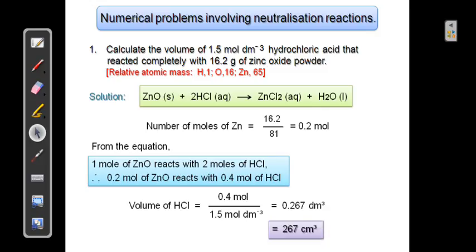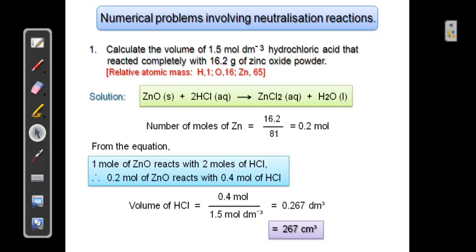So now they want you to calculate the volume of the hydrochloric acid in that 1.5 mole per cubic decimeter. So actually the volume of HCl required to neutralize 16.2 gram of zinc oxide powder is 267 cubic centimeter.